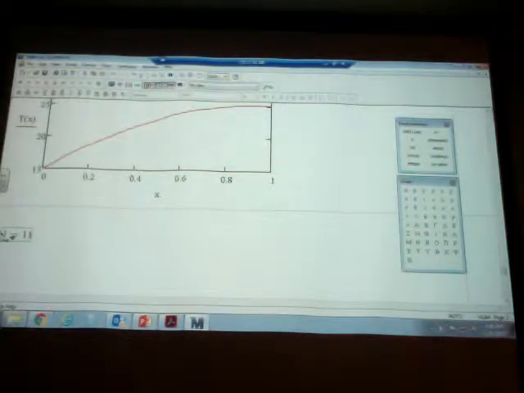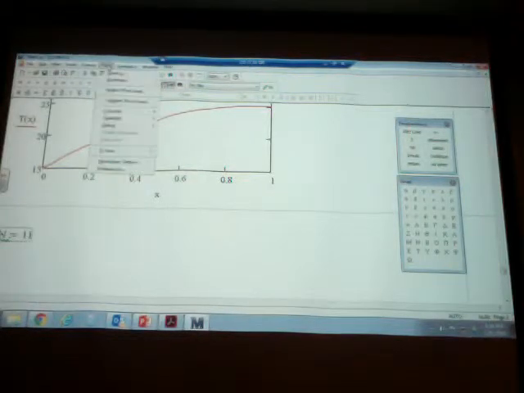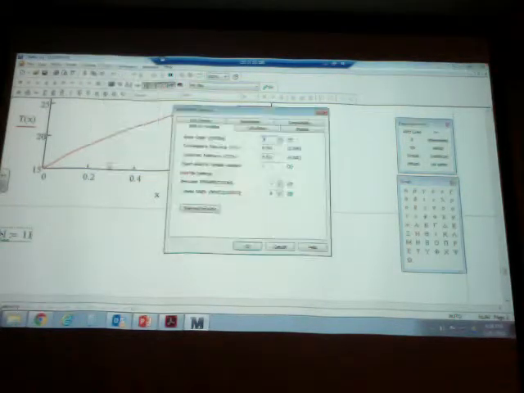Consider 0. By default, if you go to Tools here and Worksheet Options, the origin of any array is 0. In MathCAD, the origin of arrays is like in C. 0 starts at element number 0. In Fortran, it's element number 1. So if you use MATLAB, you're used to the first array element starting at 1 because MATLAB is written in Fortran.